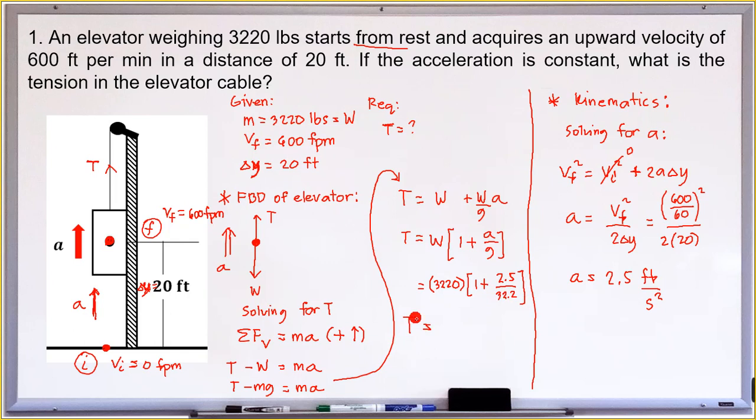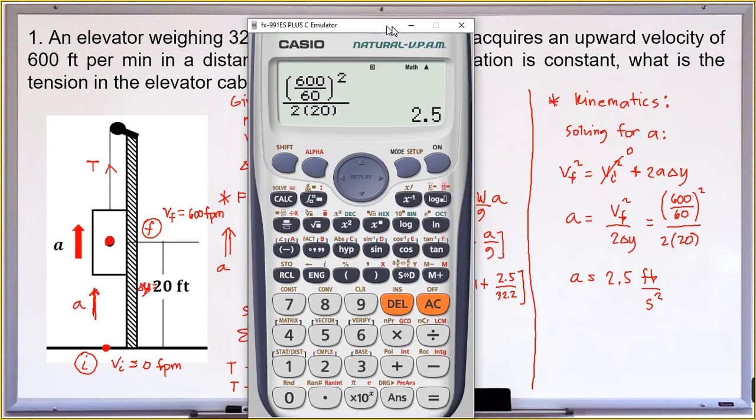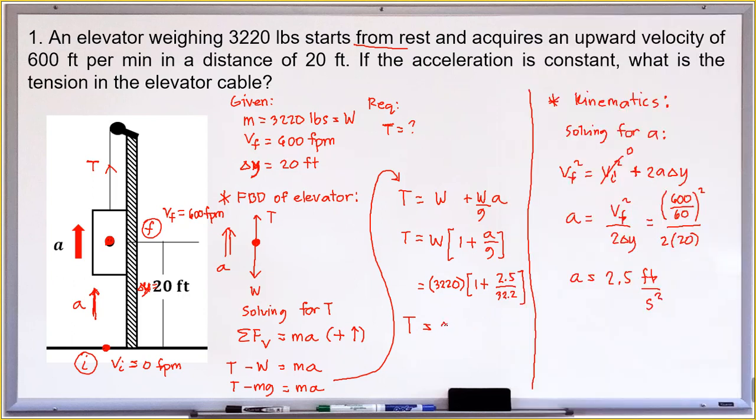So therefore our tension is equal to 3,320 times 1 plus 2.5 divided by 32.2. So the answer is 3470 pounds. This is the tension of the rope.